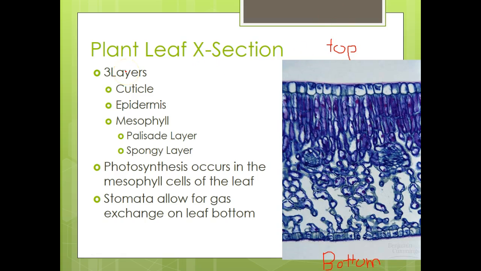Now, there are 3 layers you need to know. The top layer is the cuticle, and the cuticle is literally this tiny, thin layer right on the outside of our epidermis. The cuticle is just like a thick, waxy, sunscreen-like coat, and it works just like that.